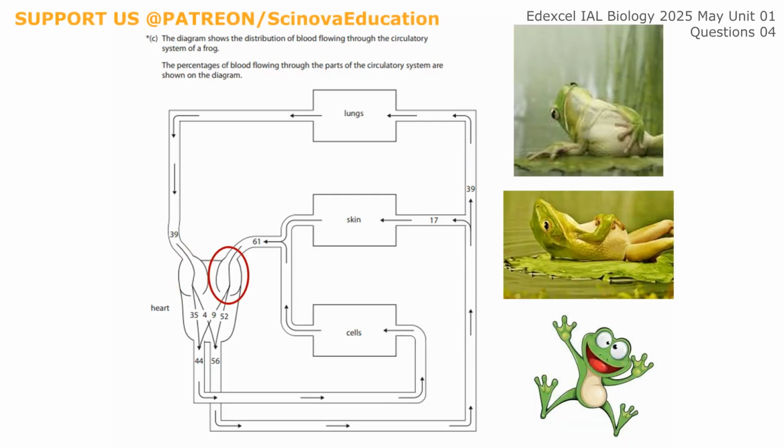The blood from skin and cells, deoxygenated from the cells and oxygenated from the skin, 61% is going into the right atrium, and the majority of that blood is getting pumped into the lungs and skin for oxygenation.